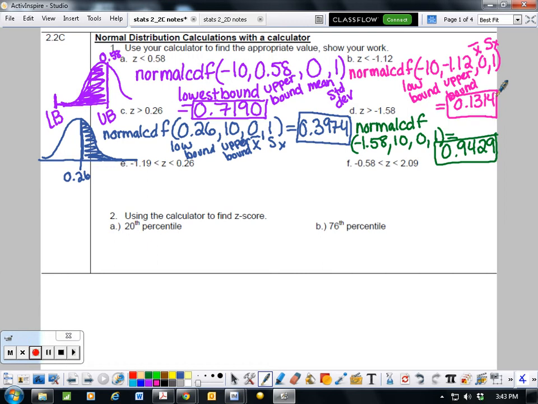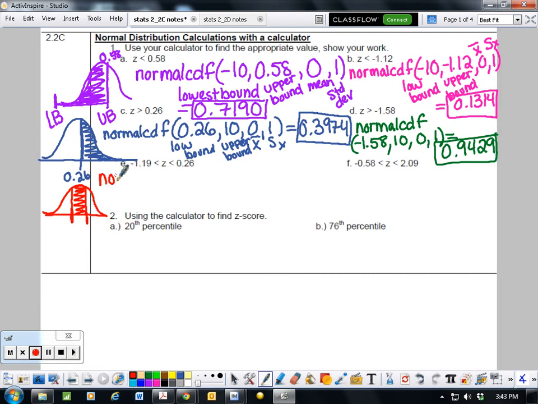Okay, so now how do we do this when we've got two values? So think about it just like we would with our shading. When I've got my curve, my lowest is -1.1, my highest is 0.26. I shade in between. And I've just really pretty much told you this is my lower bound and this is my upper bound.